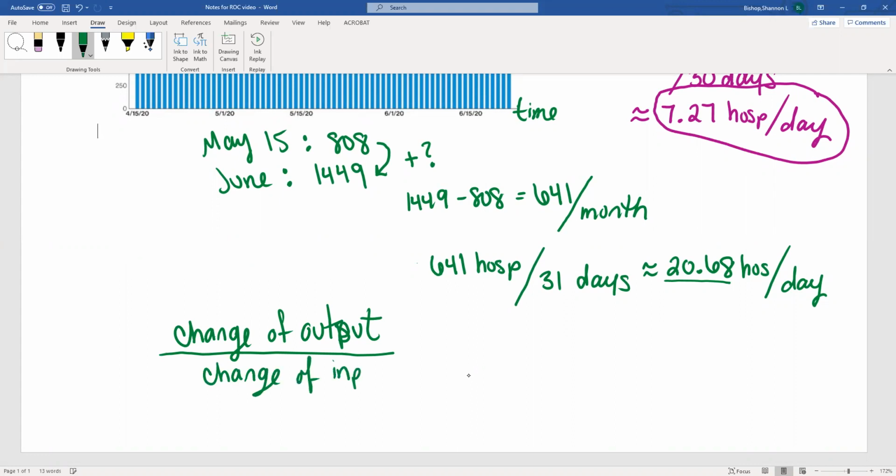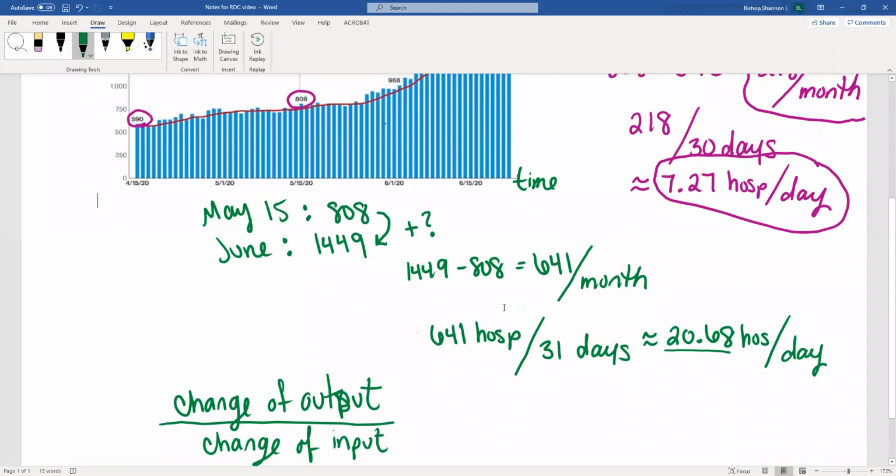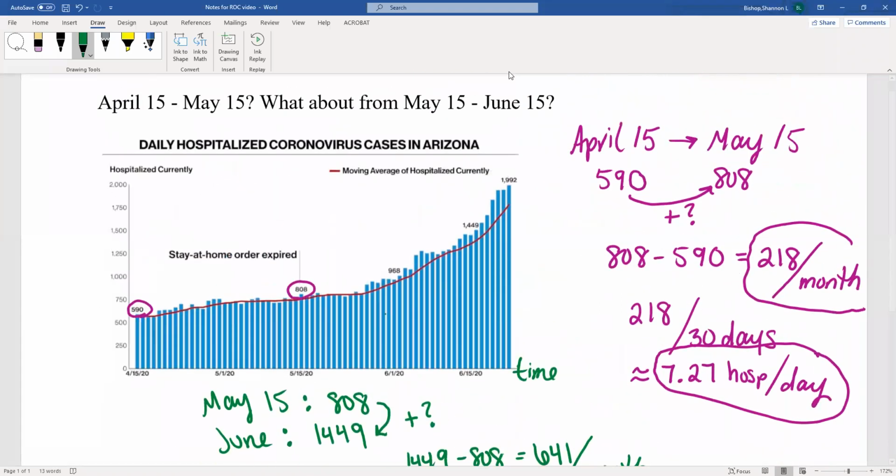That right there is the heart and soul of rate of change. And so now the next couple of activities will give you a chance to wrap your brain around that and apply it, and also talk about what it means to take an average rate of change, because as you can see, these numbers did not go up consistently.